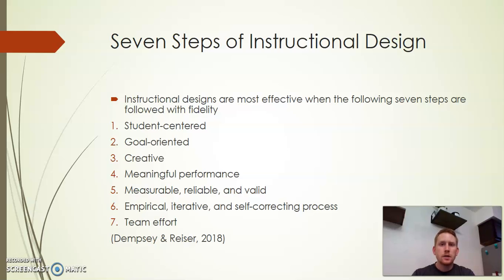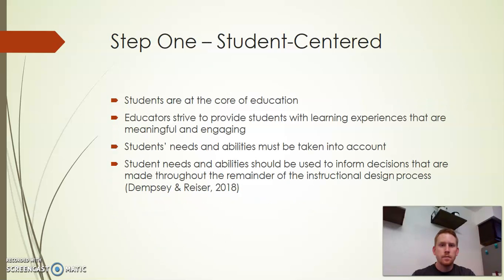The design should focus on meaningful performance from the students. The design outcomes must be measurable, reliable, and valid. The instructional design must be an empirical, iterative, and self-correcting process. And finally, instructional design is a team effort. Dempsey and Reiser, 2018.